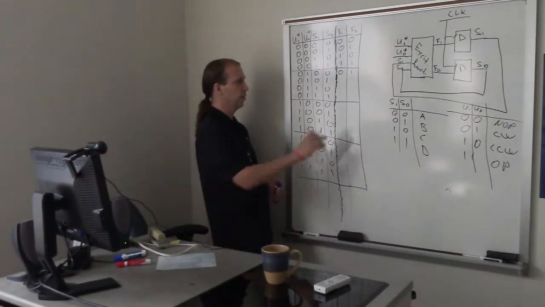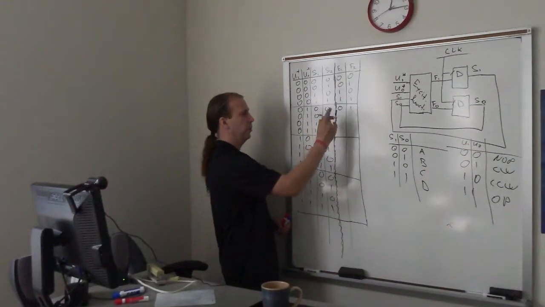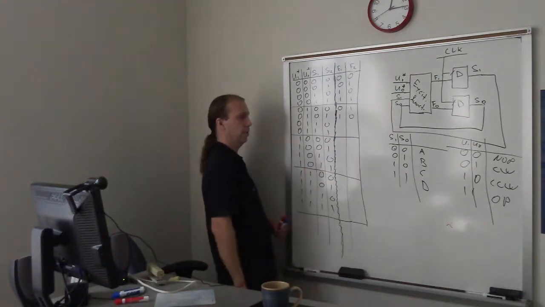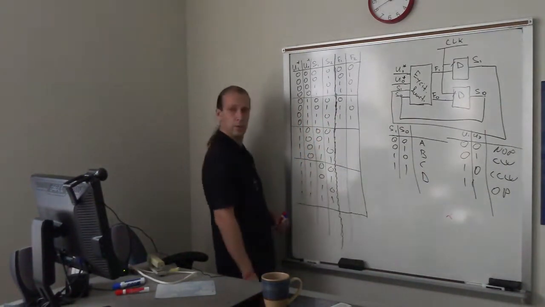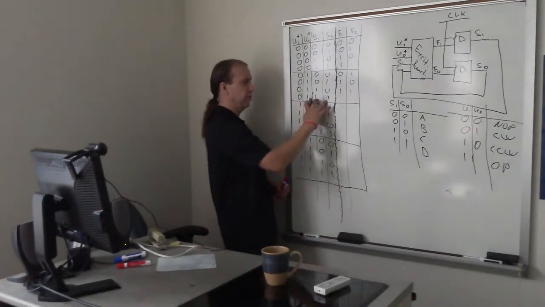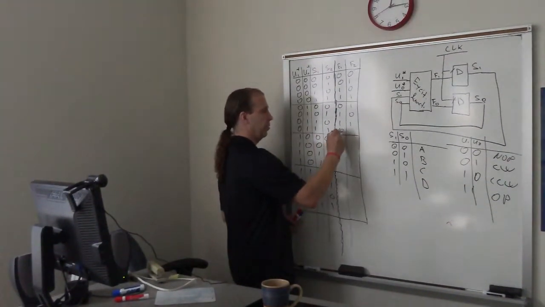The next one. From B, we go to C. From C, we go to D. And from D, we go to A.